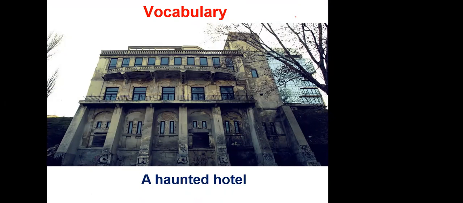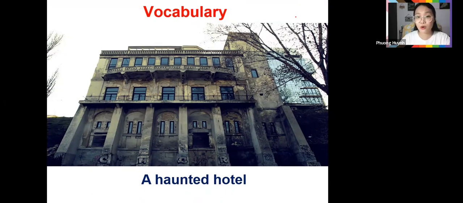All right, so you can use this adjective for another place. Bạn sử dụng chữ haunted cho nhiều cái địa điểm khác nhau cũng được ha. Mình có thể nói the haunted school, một trường học bị ma ám. Ngôi nhà, the haunted house, một cái biệt thự, the haunted villa, hoặc là một cái bệnh viện, the haunted hospital.